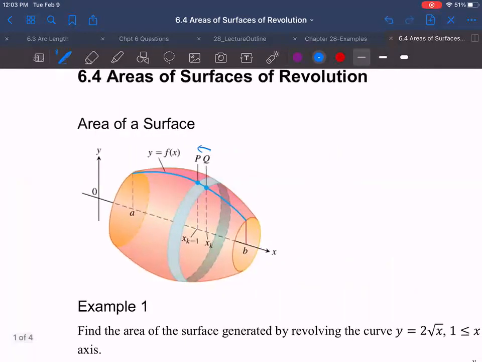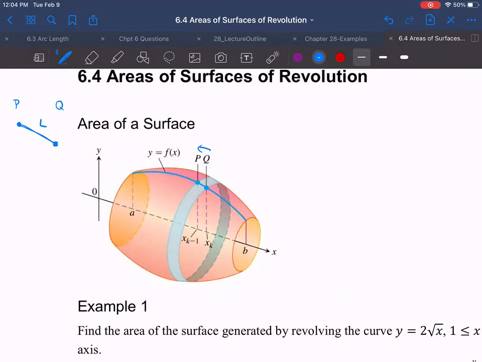And what we need to do is look at this ring, and there's going to be a slight little edge to it. Like this is point P, this is point Q. And there's going to be a step along the curve in that direction, right? And so what we essentially want to do is figure out that width there. And that width is going to be the length of our curve between P and Q.